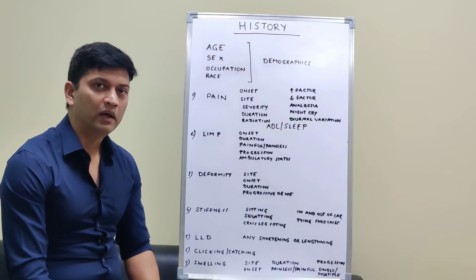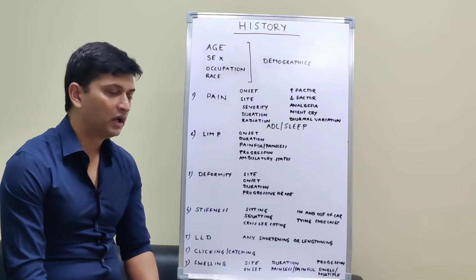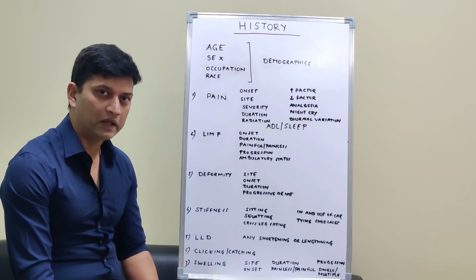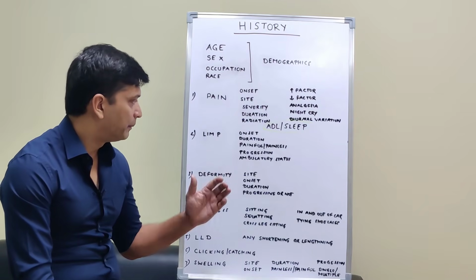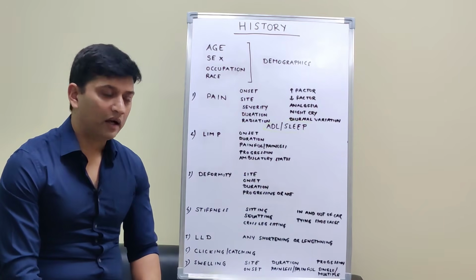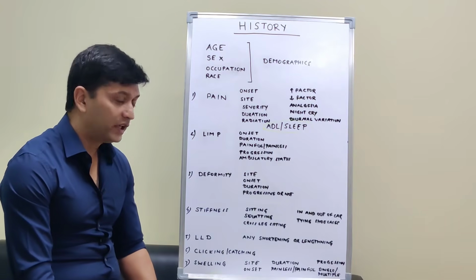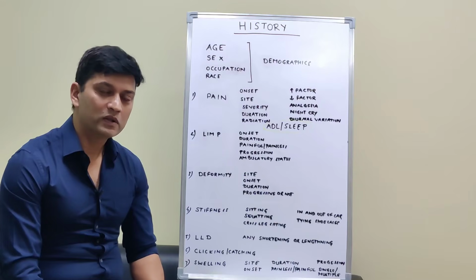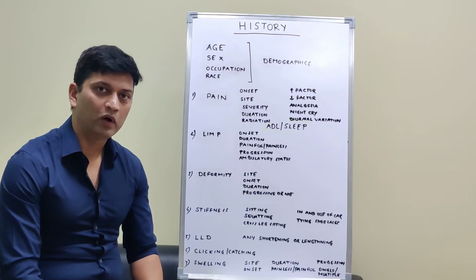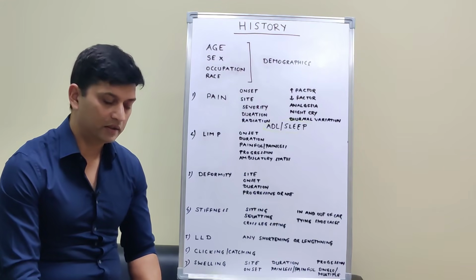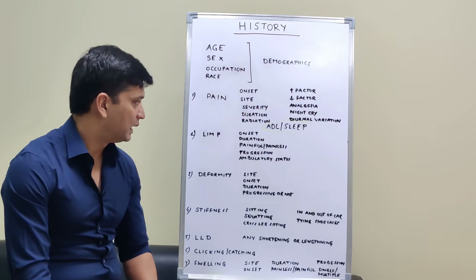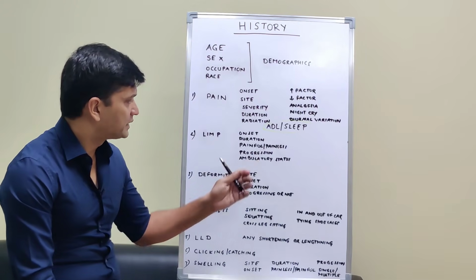If somebody has pain due to arthritis or inflammatory pathology, they will usually have a painful limp. Sometimes if somebody has DDH or polio, they also limp, but then they have what we call a painless limp. So you have to differentiate whether the limp is painful or painless, and whether it is getting worse.